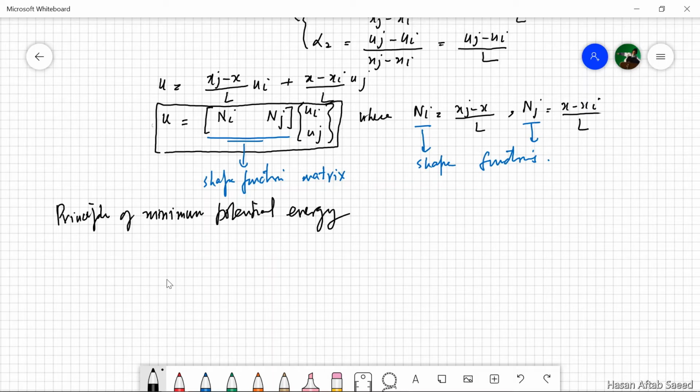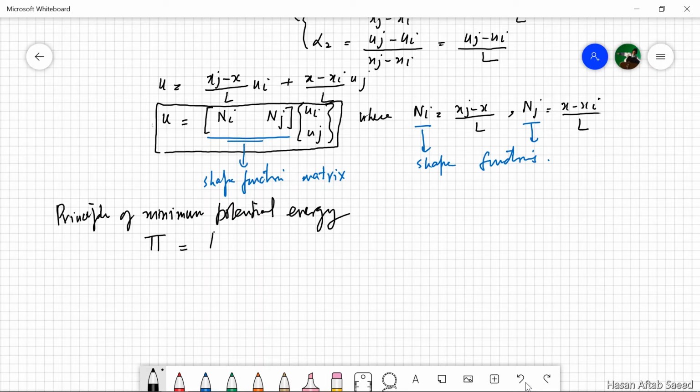So in the context of this one element, as a result of forces being applied, displacements ui and uj, out of the infinite combinations of ui and uj, will take the values which minimize the potential energy of this element. Now, first of all, we need to write the expression for the potential energy.